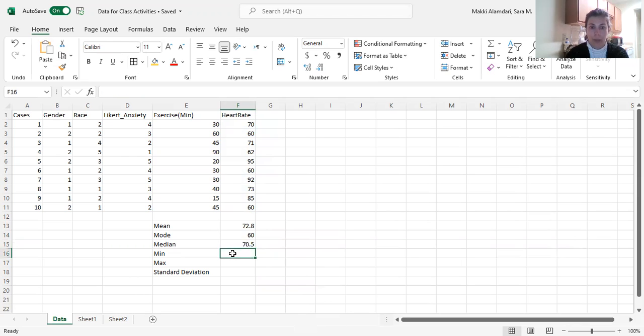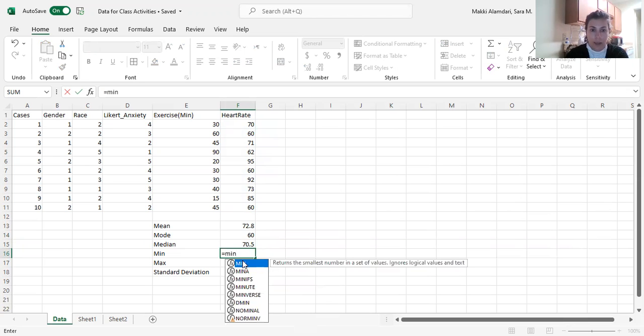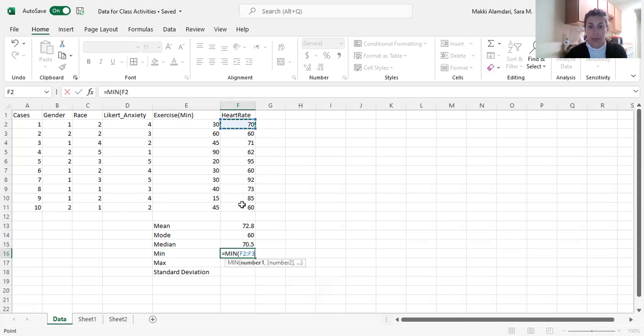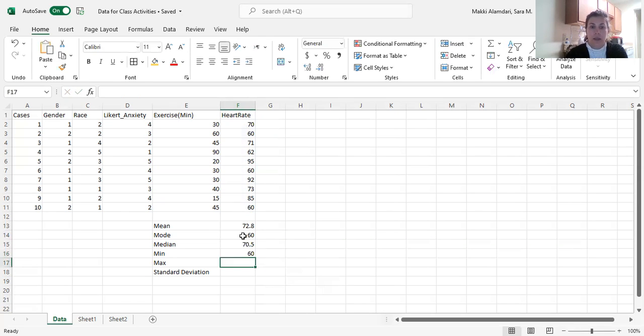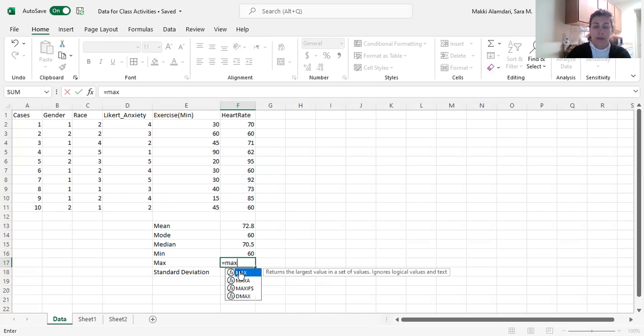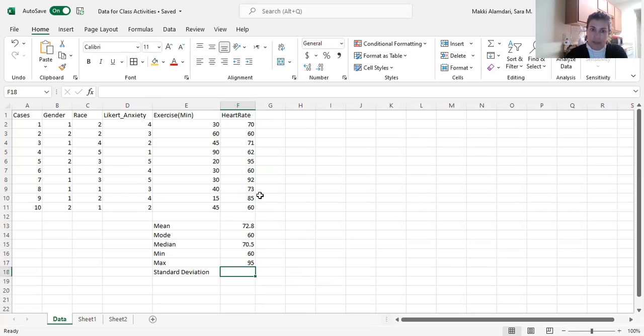For minimum, I'm using again an equal sign and type min, double click on that and choose your data range. The minimum is 60. And for maximum, an equal sign, max, and then data. 95 is the maximum of heart rate in this data set.